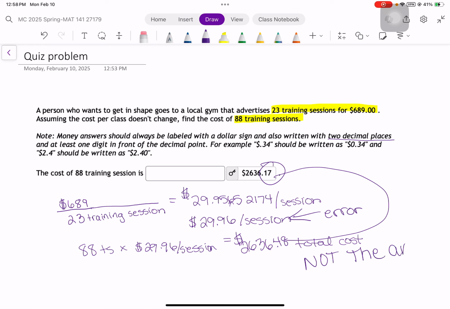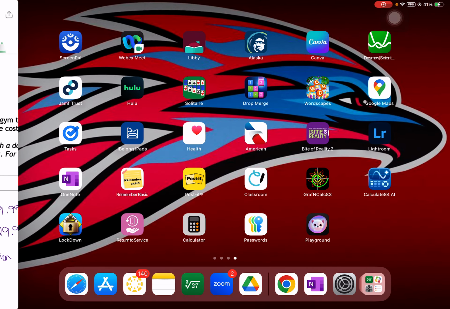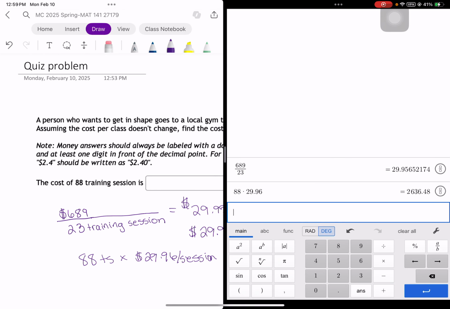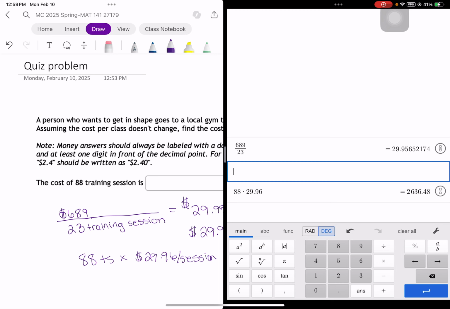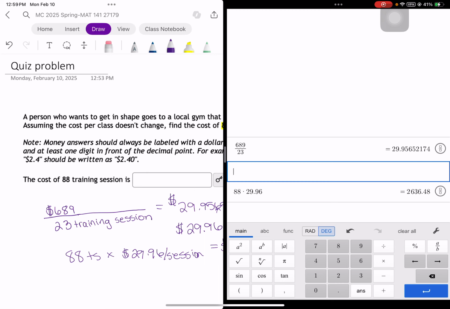Now, you could have used this exact same strategy, just don't round. Use this information. So let's go back to our calculator and see if when we use the non-rounded answer, we will get it correct. So I'm going to hit enter right here and watch the button I use.